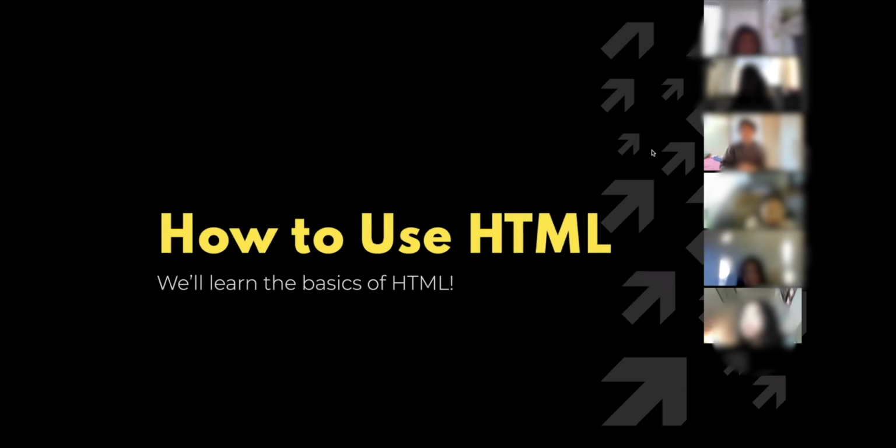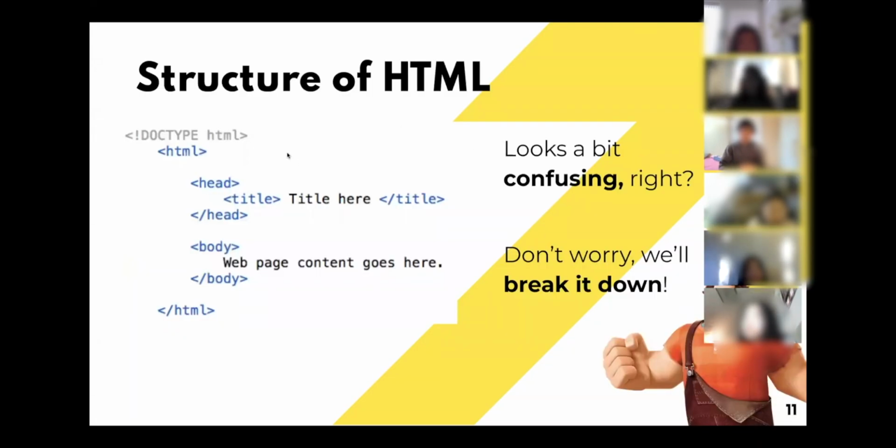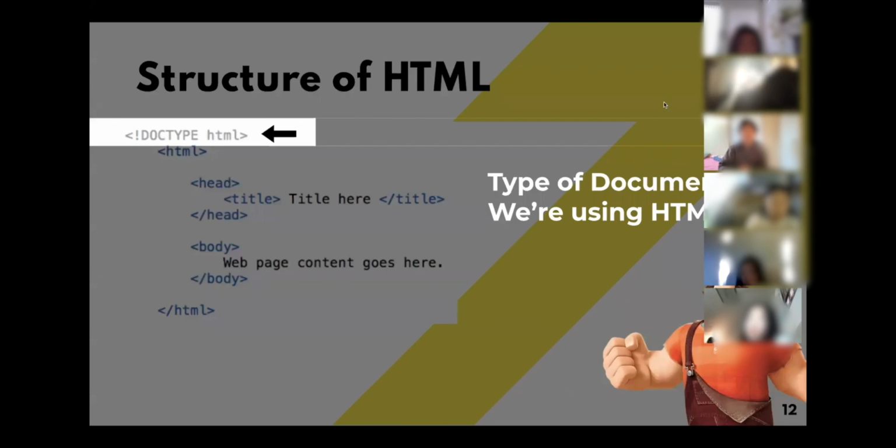And yeah, so we'll quickly go over how to use HTML and we'll learn the basics of HTML. So some structure. This looks really confusing at first, but this is a general structure of our HTML file. First we have the doctype HTML. This basically tells us what kind of document this whole file is going to be.